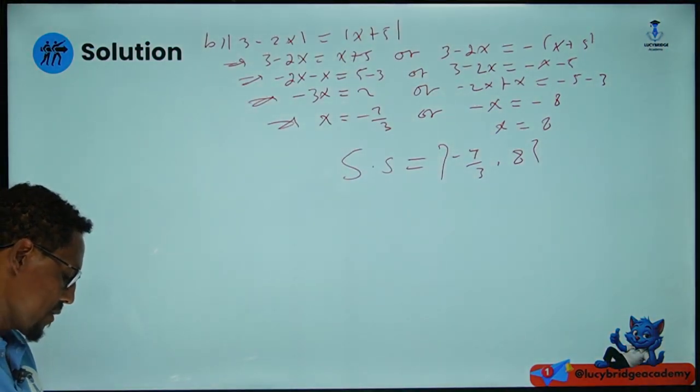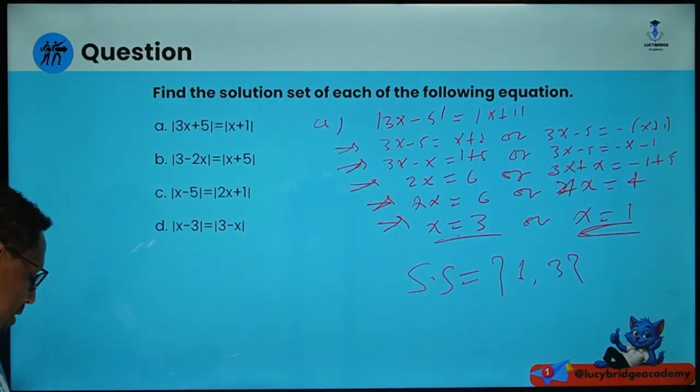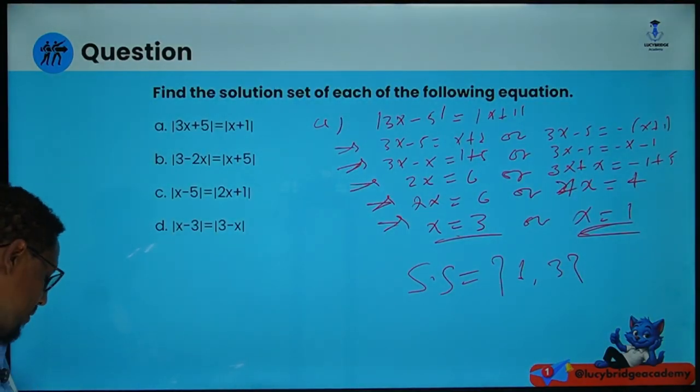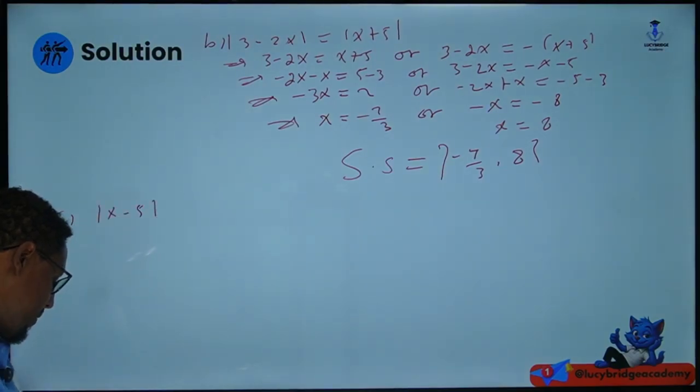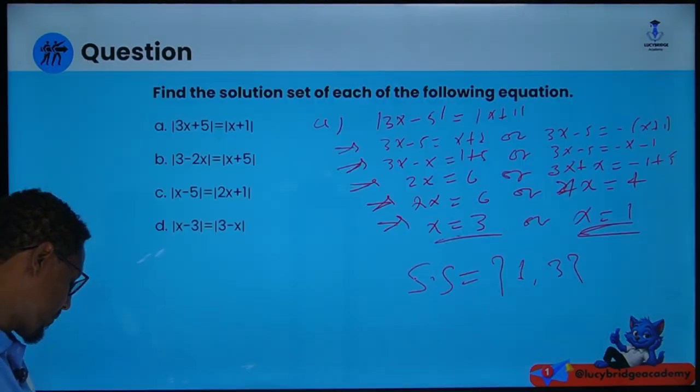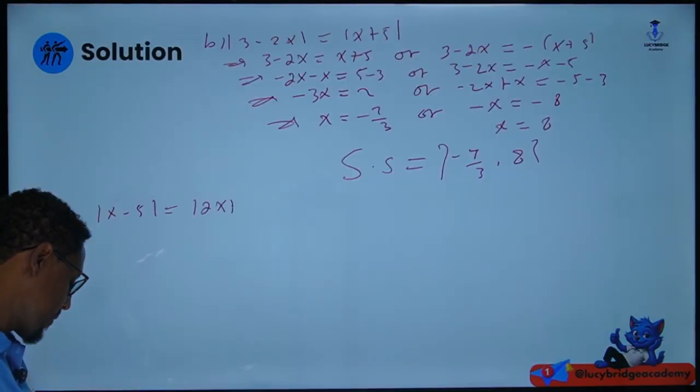Okay, C, the absolute value of x minus 5 is equal to 2x plus 1.